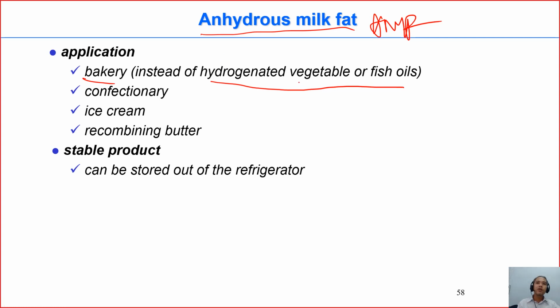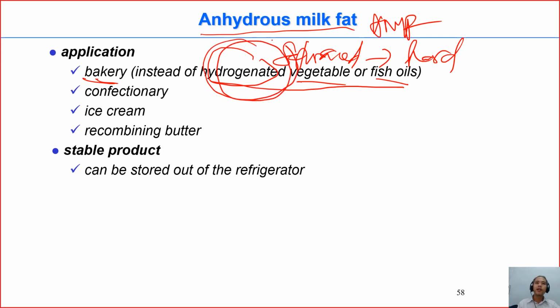If they use vegetable oils or fish oil, then they do hydrogenation to make it saturated, to make it hard. It's hard fat, hard shortening, to be used in bakery, to be used in instant noodle, for example. But this is not natural because we have to apply the chemical process. Here we can use a milk fat which is quite solid already, so it's more natural to use in bakery, in other products, confectionery, and then in making recombined butter, for example.